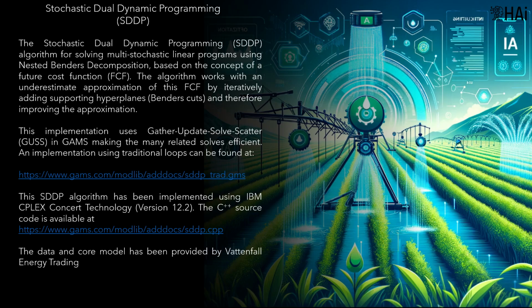This implementation uses Gather Update Solve Scatter, GUSS, in GAMS, making the many related solves efficient. An implementation using traditional loops can be found at the web. This SDDP algorithm has been implemented using IBM CPLEX Concert technology. The C++ source code is available at the web. The data and core model has been provided by Vattenfall Energy Trading.